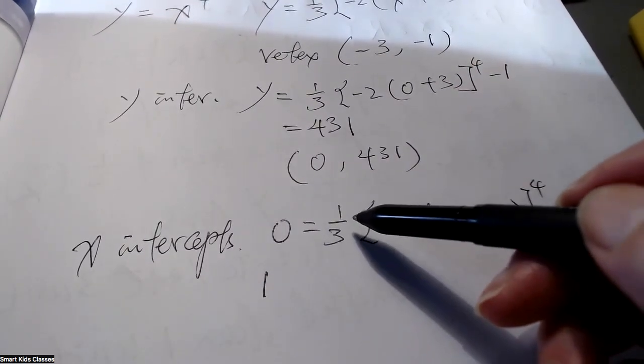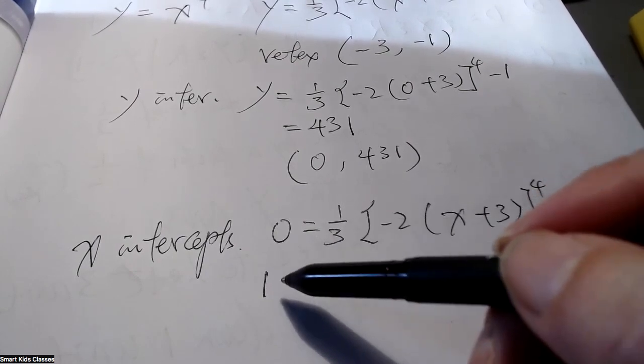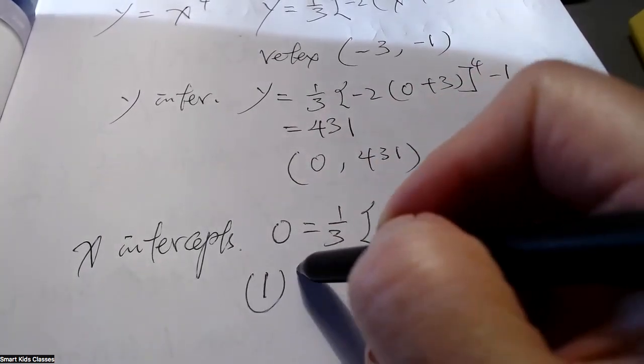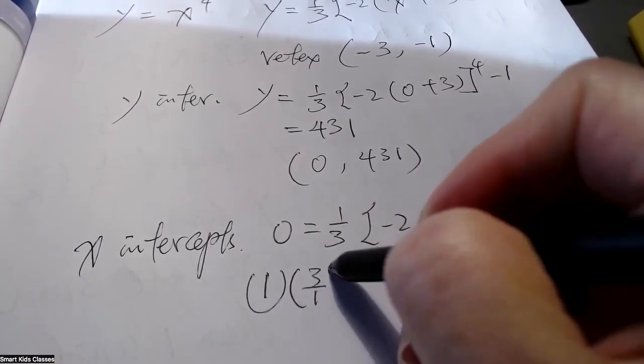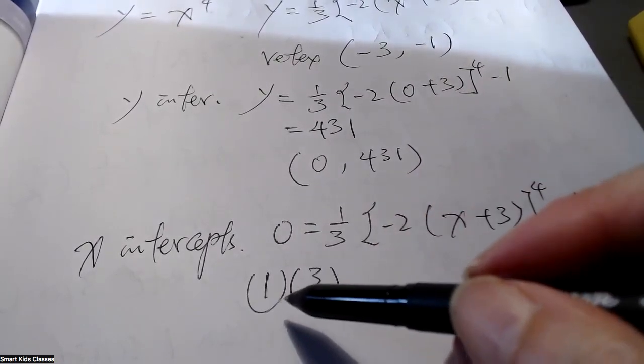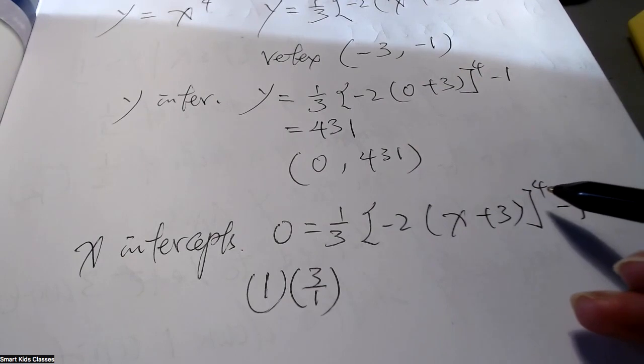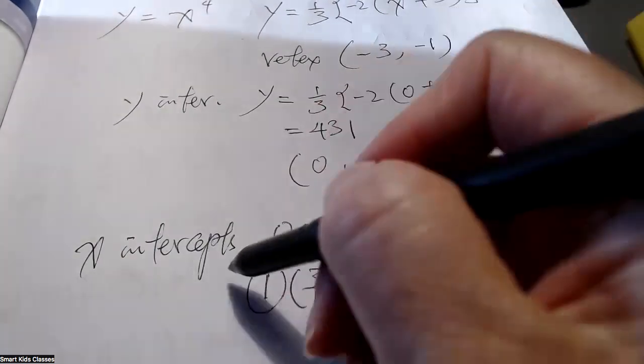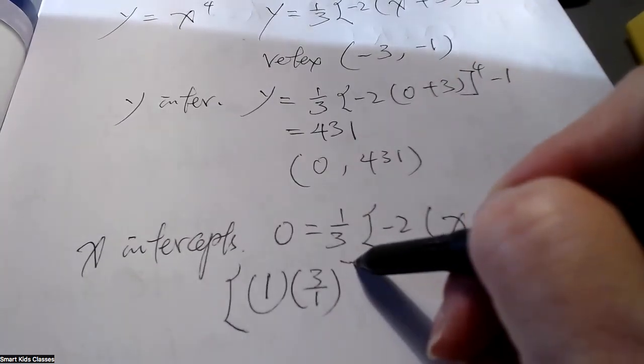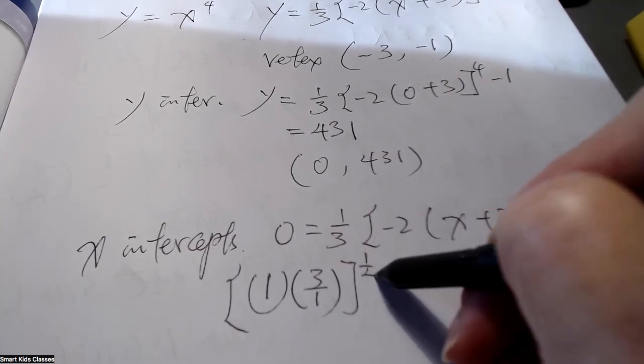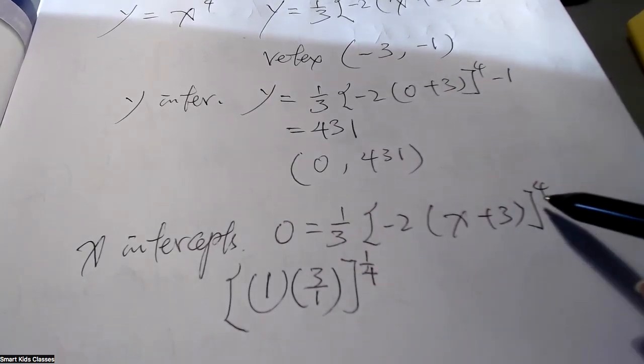Now, divide by 3. So the multiply will be divide by 3. Divide by 3, we take the reciprocal, it will be times 3. So now we're going to cancel the exponent 4. Then you use a large bracket, so exponent 1/4. Now we've cancelled it already.